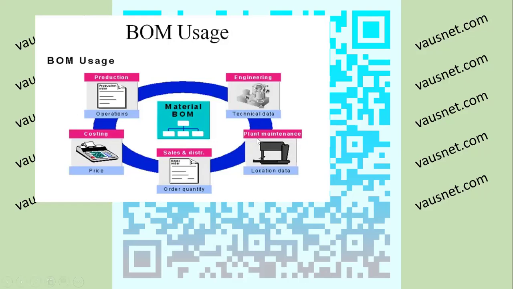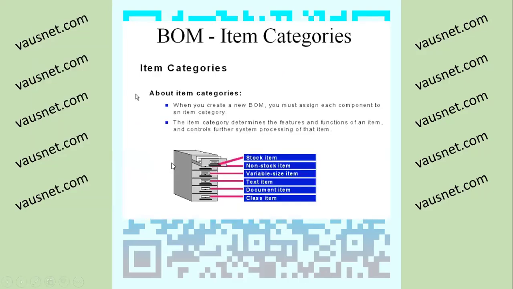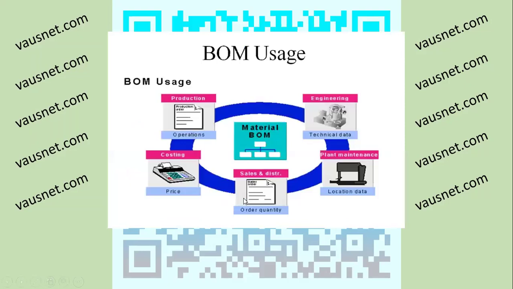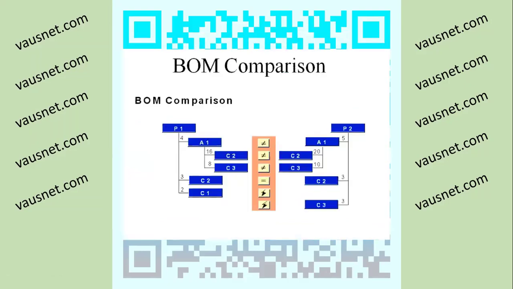So plant maintenance is also done based on that. Sales and distribution, we'll see some examples ahead. What are some of the BOM item categories? We've already seen stock item, non-stock item, variable size, text document, text item, document item, class item. These are some of the categories. Speaking of usage, we've already seen that.